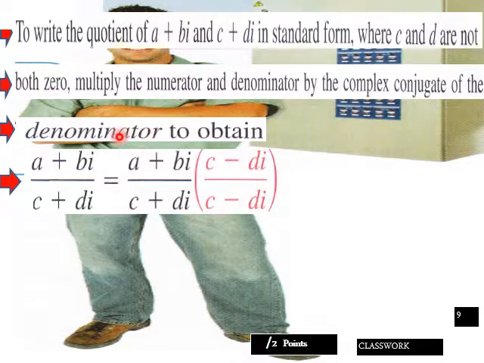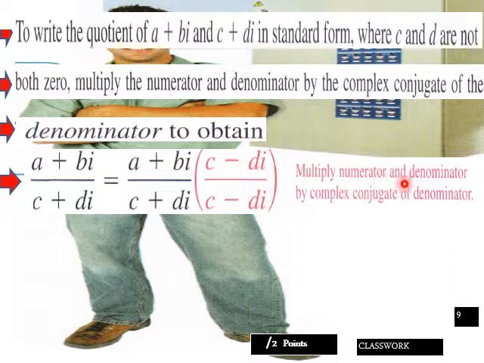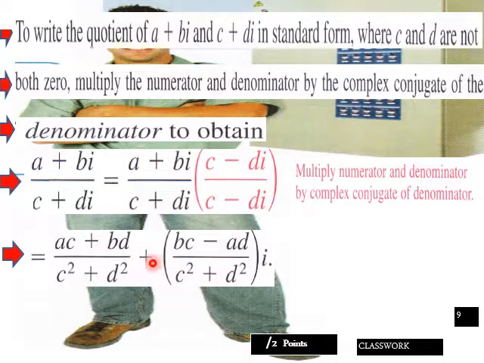Basically, this is 1, using the identity property of multiplication. So when we do that, we have (ac + bd) over (c squared + d squared) plus (bc - ad) over (c squared + d squared), all times i. This is standard form of a complex number. We combine our reals, and we keep our imaginaries over.